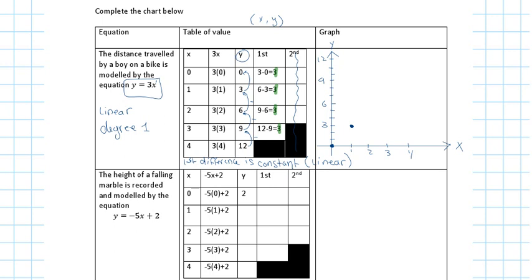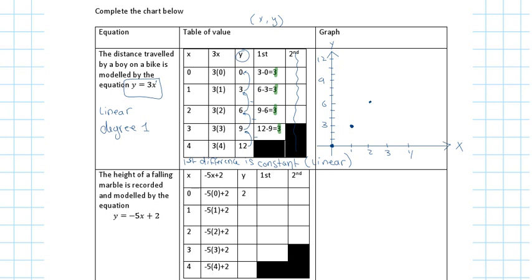My next point, what's my x value for the next point? The x value is 2, 6. So again, you go to x equals 2, y equals 6, and that will be your next point.